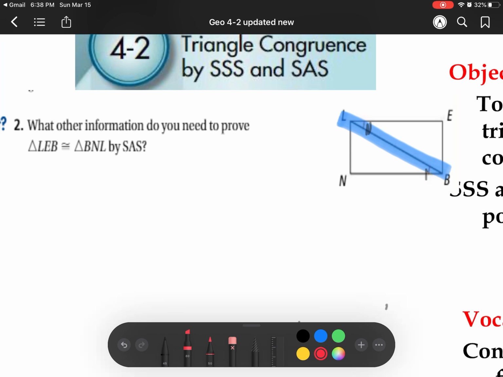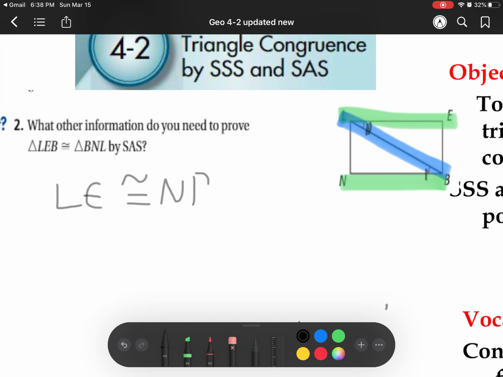Which side is this? Is it LN and EB or LE and NB? It is LE and NB. LE and NB. Those should be congruent. So he should tell me that LE is congruent to NB. Should be given.